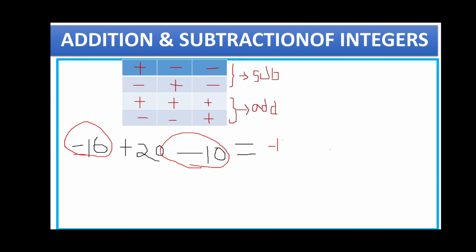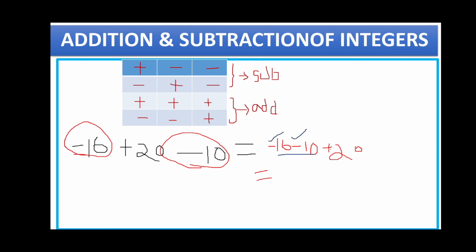So minus 16 minus 10 plus 20. First I am arranging all the integers properly in order: minus 16 plus minus 10 plus 20. First we do the addition for the 16 and 10, which is 26.